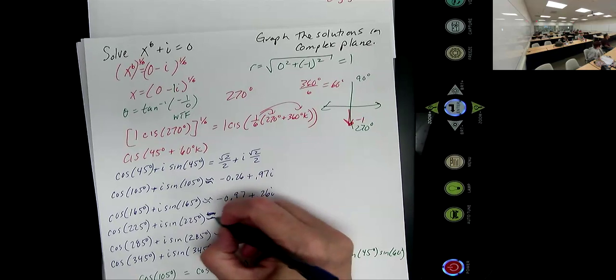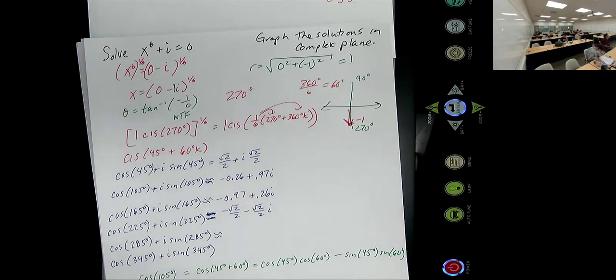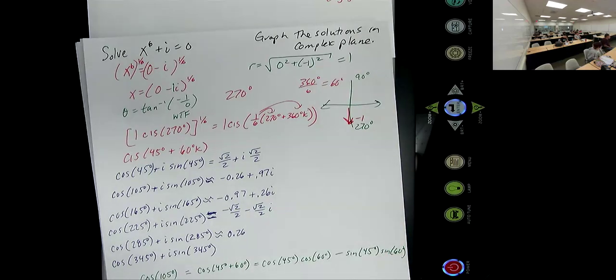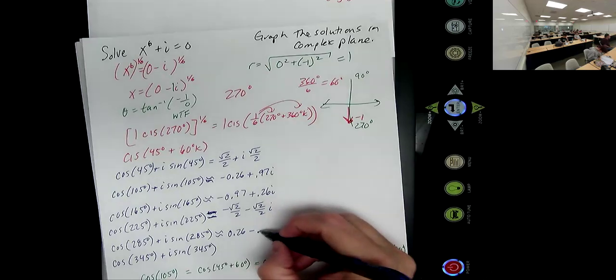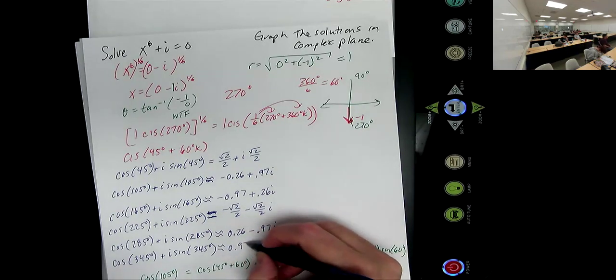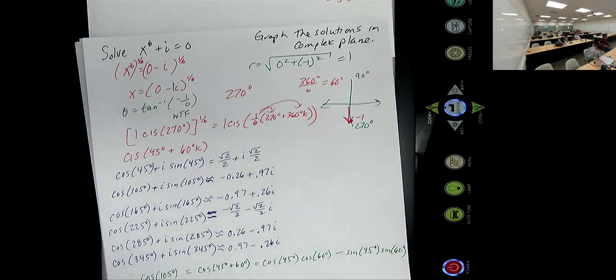That's an exact equal, I don't need an approximation there. Yeah, we don't have conjugates.